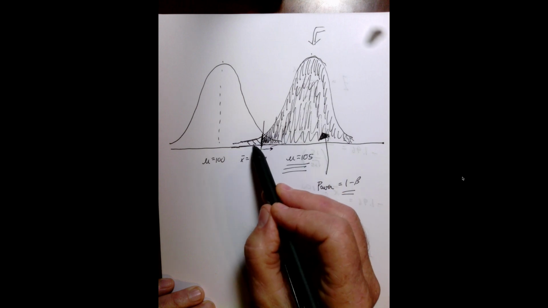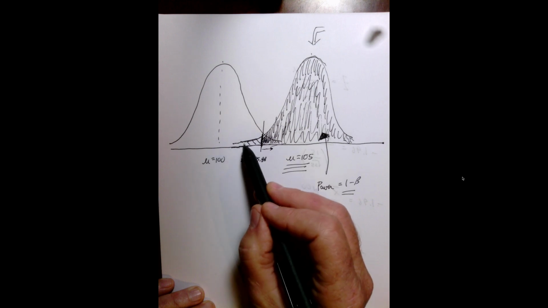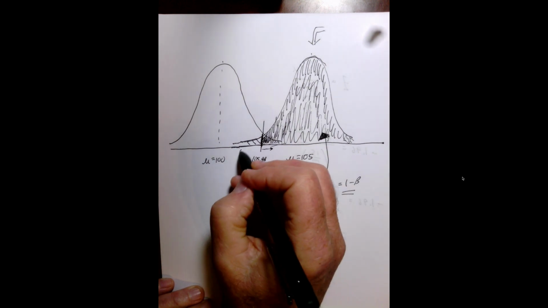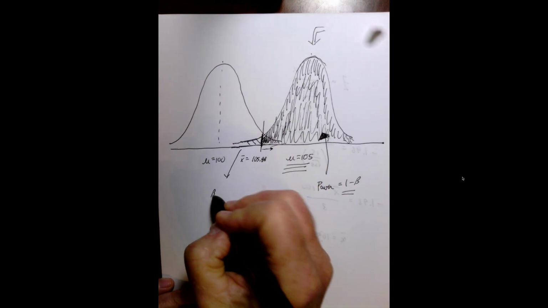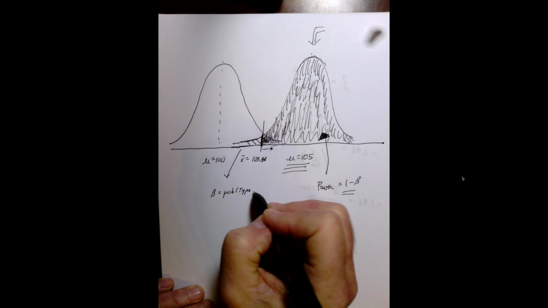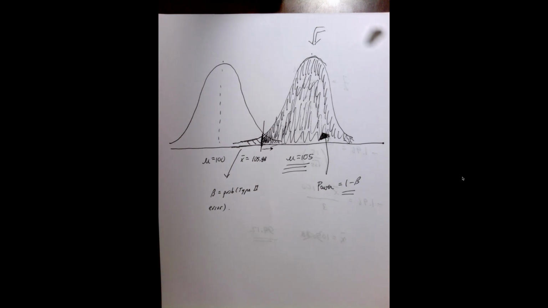If we get something over here, we're going to fail to reject the claim of 100 when we should reject. Probably pretty clear. Probability of a type 2 error.